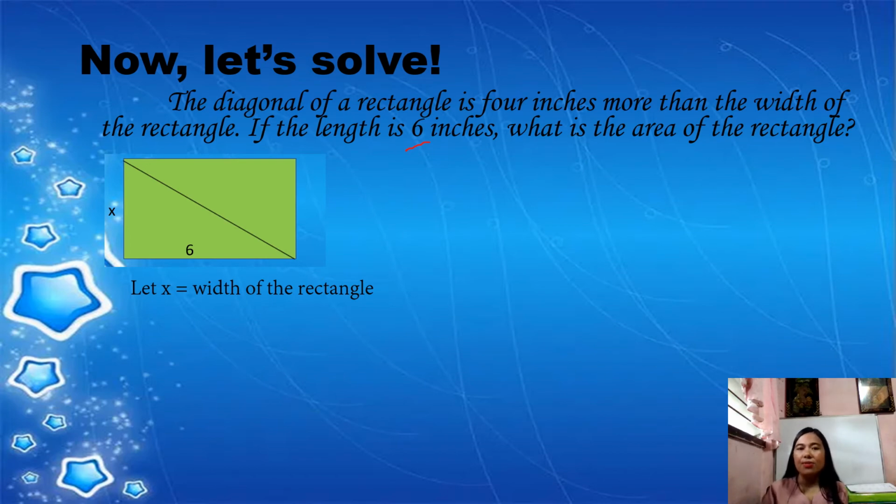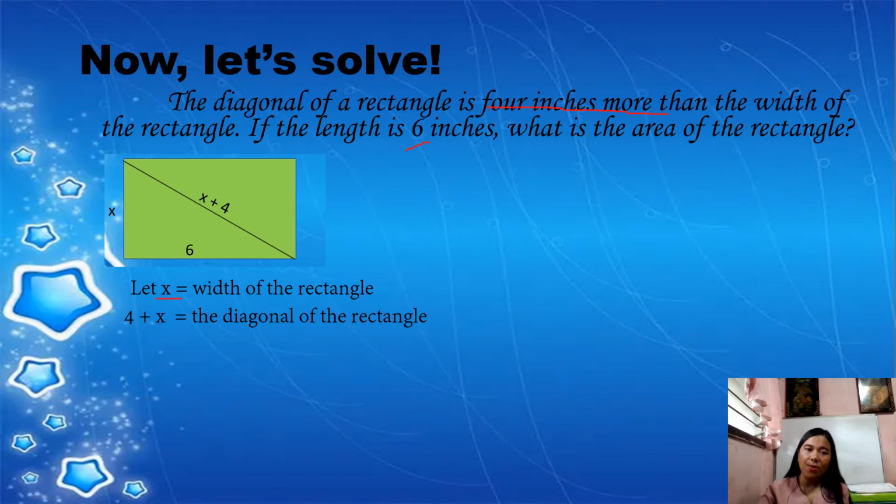And then the diagonal of a rectangle is 4 inches more than the width. So if we have x to stand as the width and we have 4 inches more, we can have x plus 4 or 4 plus x as the diagonal of the rectangle. And since it is the diagonal, we will place it on the diagonal part.